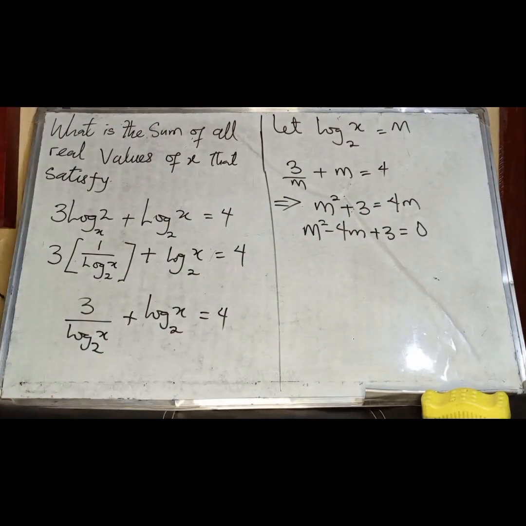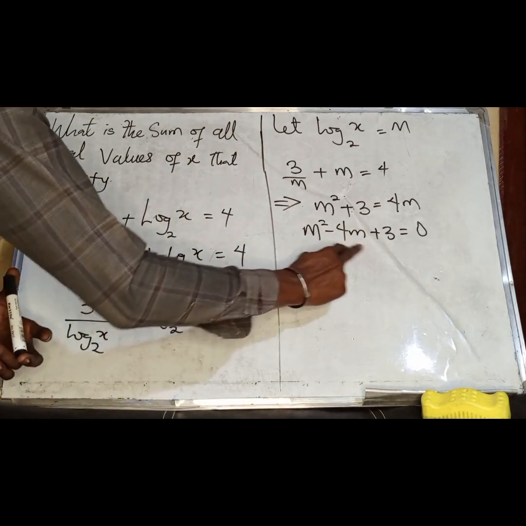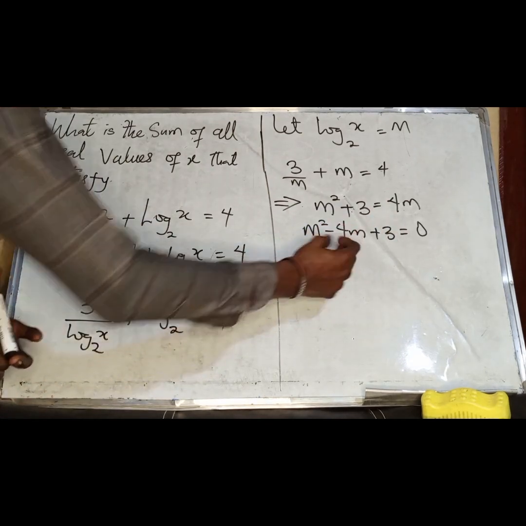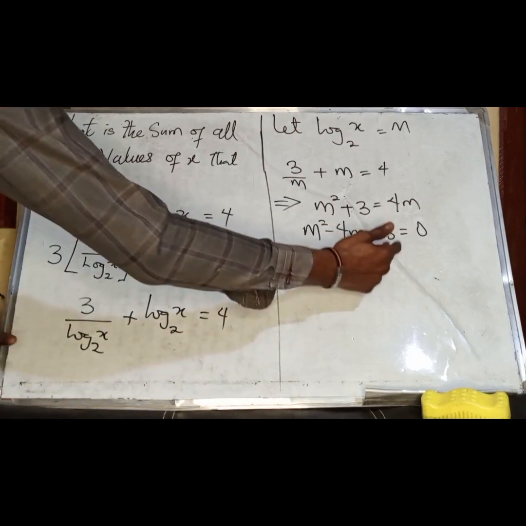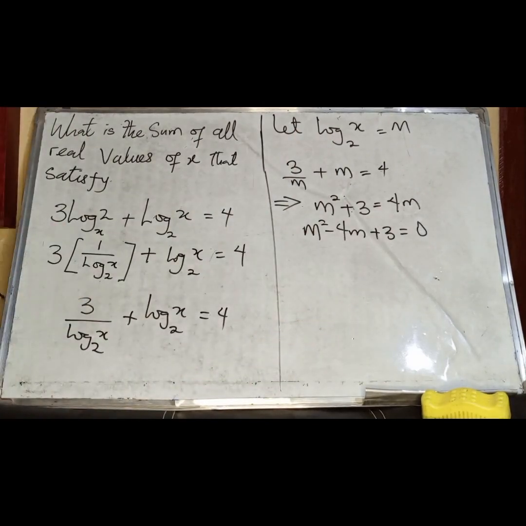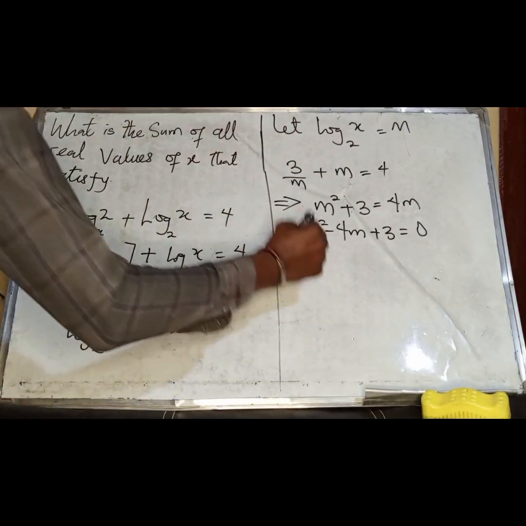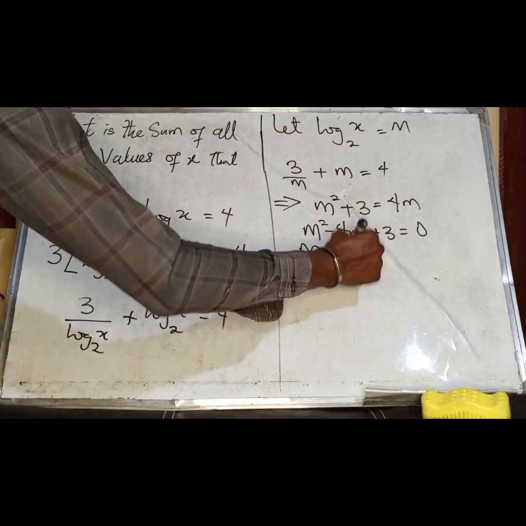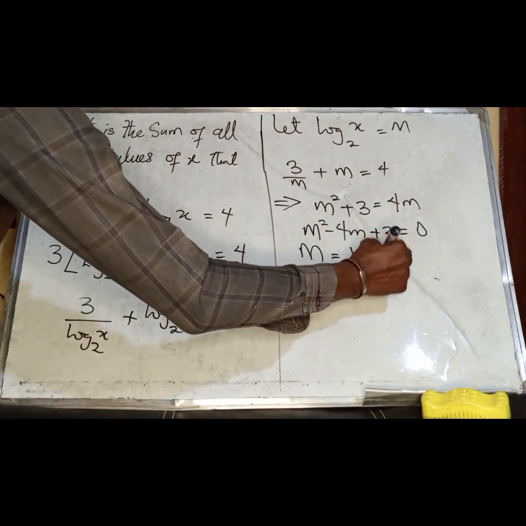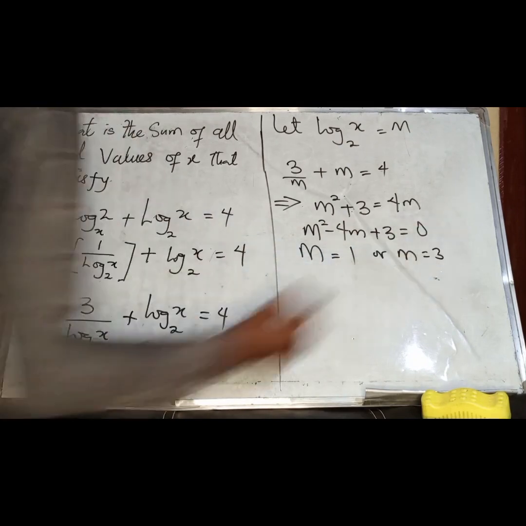This is what I now have as my quadratic form. So it has taken us to a quadratic equation. I can factorize to look for 2 numbers that add to give minus 4 and multiply to give 3. By doing this, I have my values as m equals 1 or m equals 3.